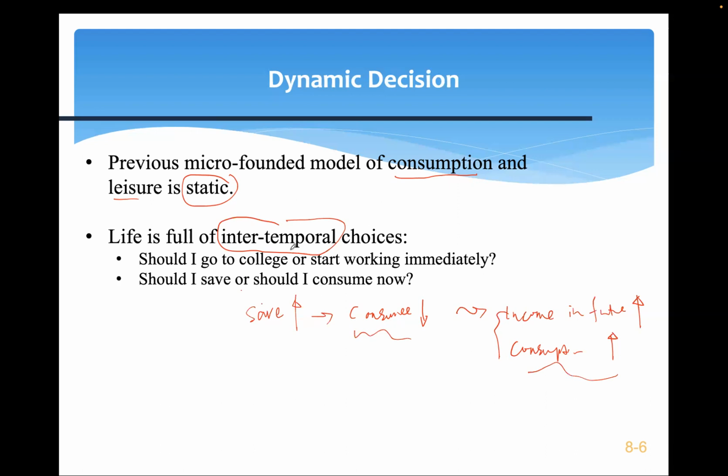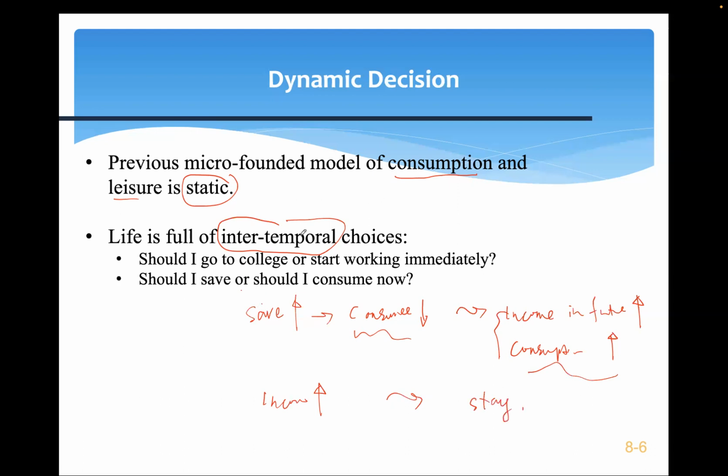And similarly here, should I go to college or start working immediately? If I work immediately, your income today is going to increase. But in the future, your income is going to stay there because you don't have a good education.